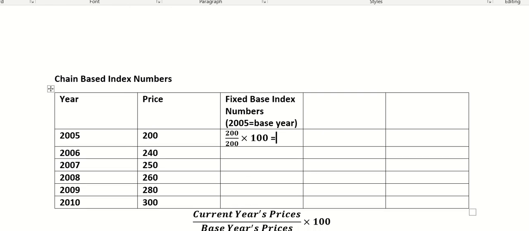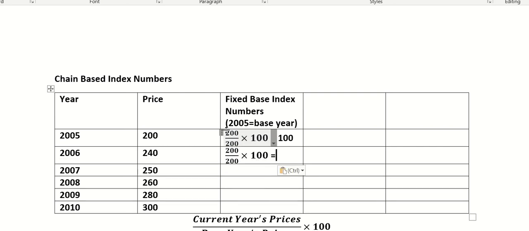So it comes 100 only. Now similarly we apply the same formula for the next one. Here current year is 2006, so its price is 240. 240 divided by base year 200 into 100. So it becomes 120, right?